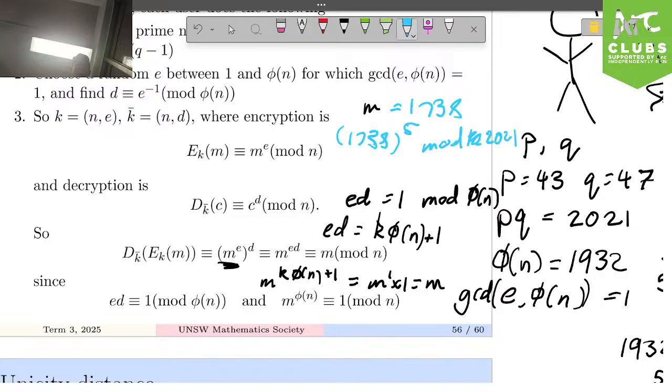You do that, put that into kcalc, and you get a number. That number turns out to be 234. Now I get 234. I raise that to the dth power, which is 773, mod 2081, and I would end up with your m is equal to 1738. Alright, that's RSA.